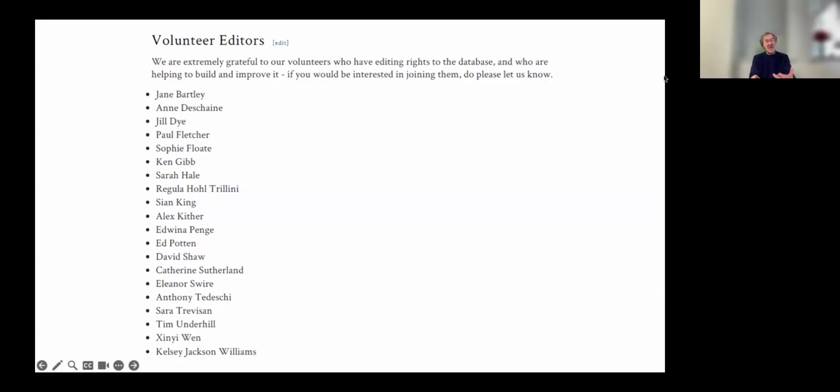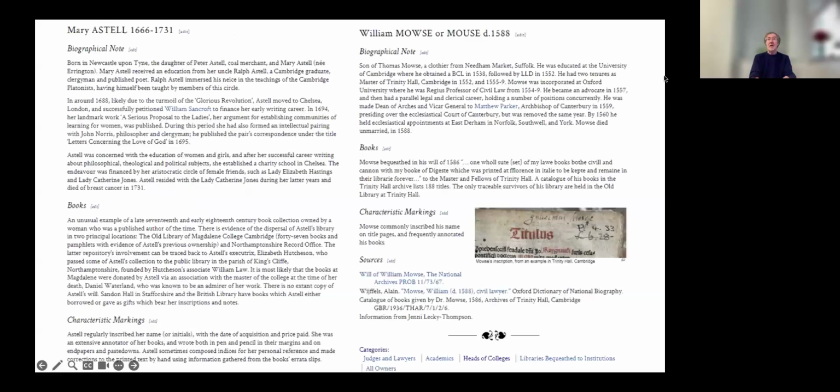And some of the best entries in the database, I think, are ones that have been created by volunteers, because part of the challenge here is that all around the place, there are lots of people who have got detailed, really useful knowledge about particular historic owners, because they've worked on their libraries, because they've done PhDs on it, because they've done projects on it, because they look after their libraries in historic libraries out there.